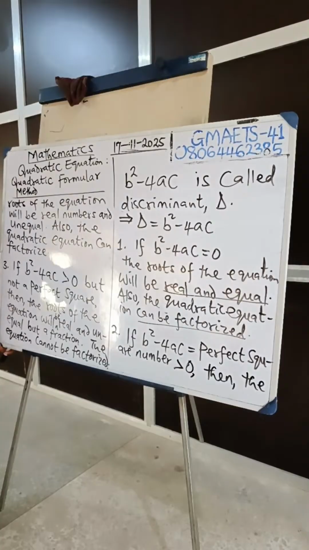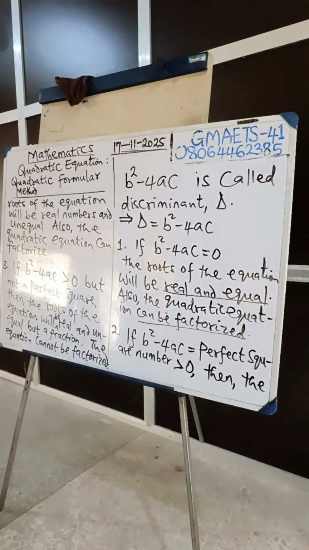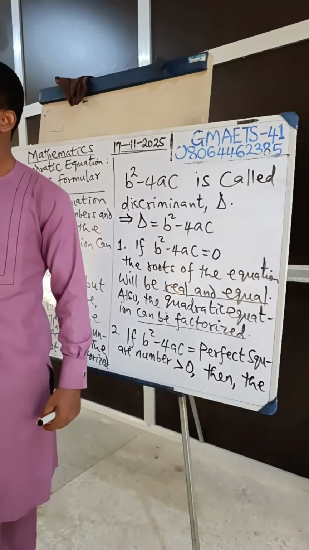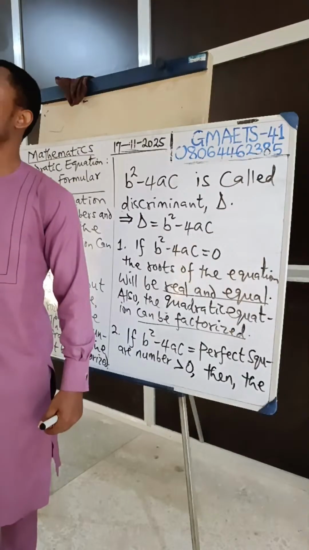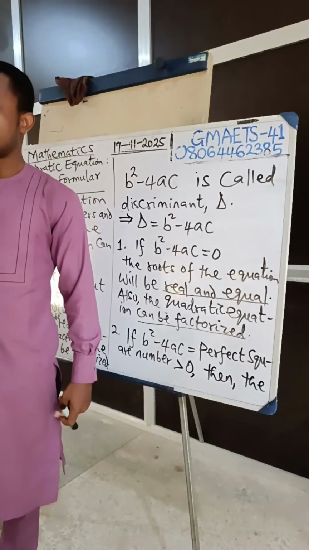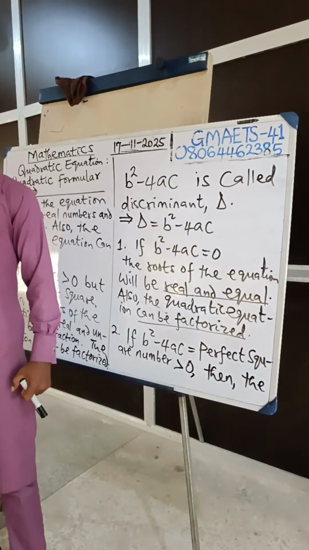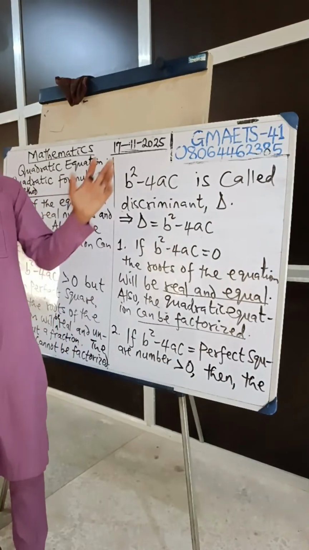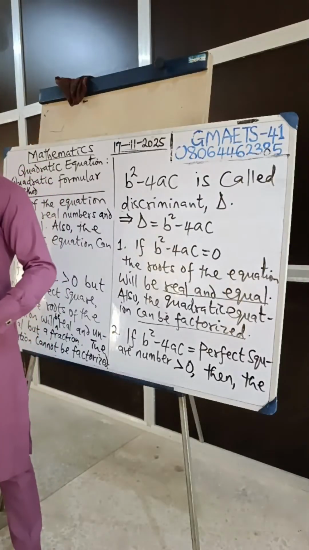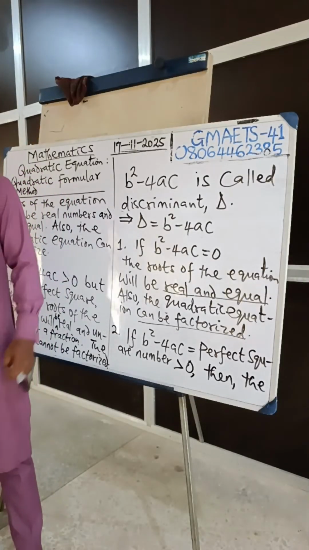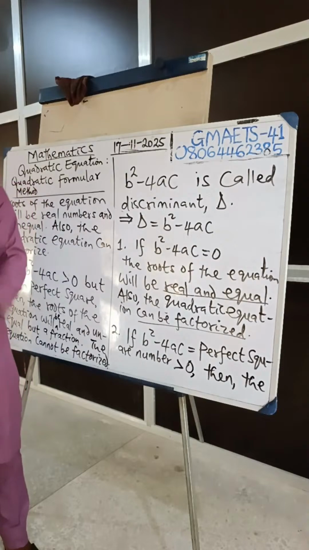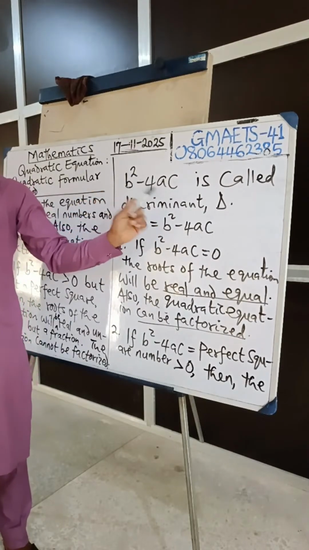Please, any question on this? Yes, Divine? For this discriminant, to know if it's going to factorize or not, given a quadratic equation, you substitute into the discriminant? You are very correct. From the question given to you, identify your a, b, c. Pick those numbers that represent a, b, c. Fix them here and simplify.